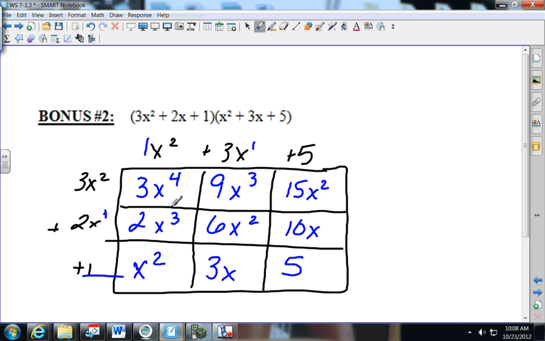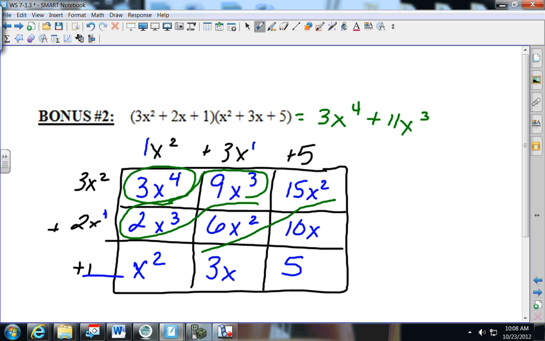Now we've got to go and figure out, all right, I've only got 1 x to the fourth. So 3x to the fourth. The x to the thirds: 9 plus 2 is 11x to the third. Next one right here.